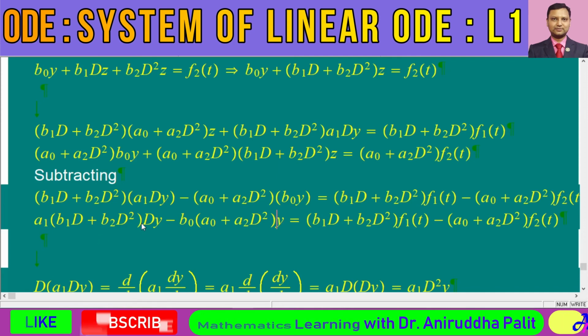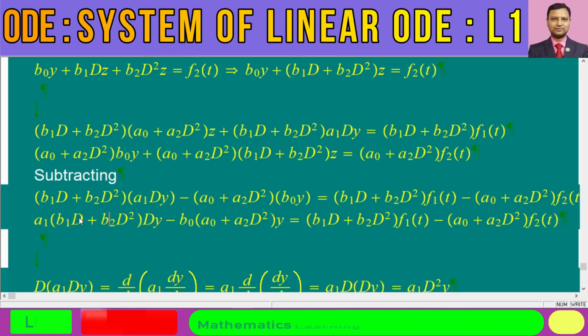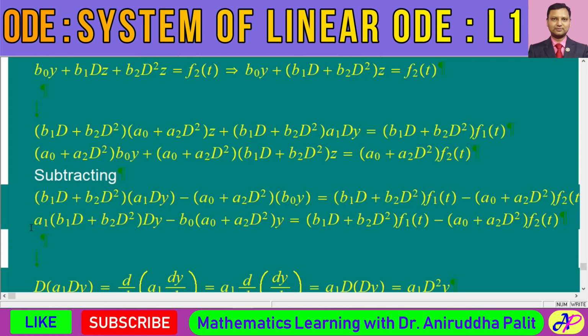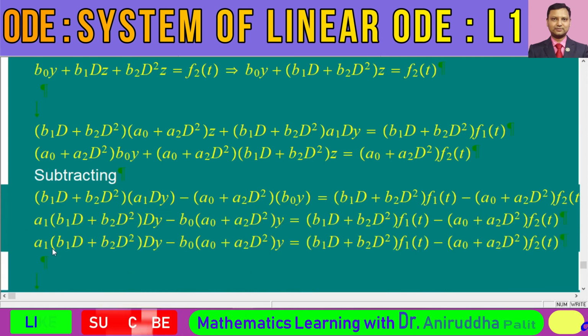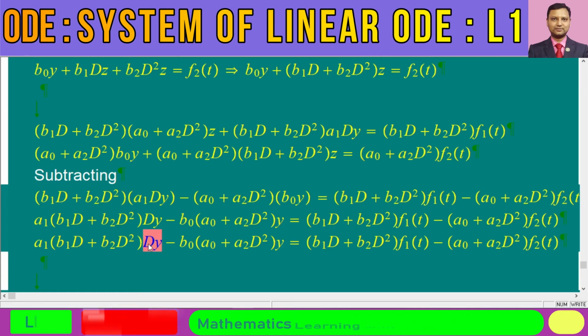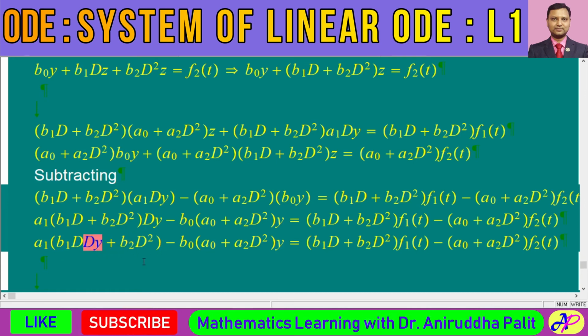And what is this? b1 D, b2 D square, operated on y. Let me write it in this way. b1 D means D is operated on Dy.